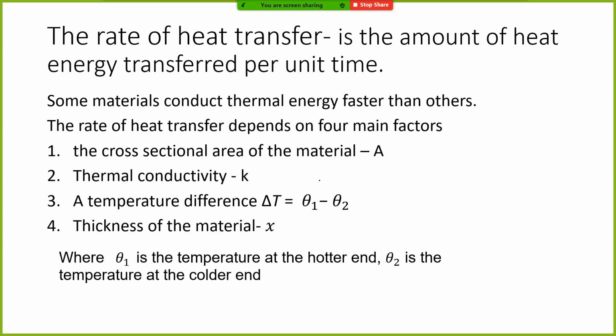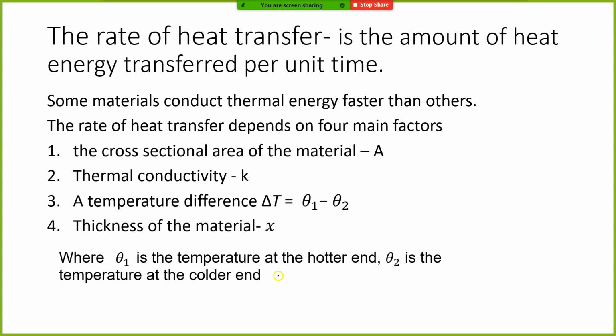Now, as it pertains to what we call the temperature difference, we generally say that theta 1 is the hotter temperature and that theta 2 is the cooler temperature, right? For this we're going to use that.